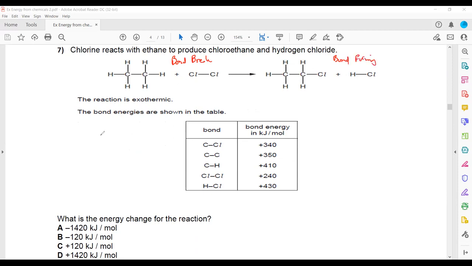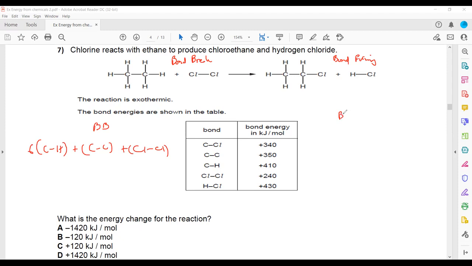So how many bonds are we breaking? 1, 2, 3, 4, 5, 6. So I'm writing here, bond breaking: we are breaking 6 C-H bonds, a carbon-carbon bond, and a Cl-Cl bond.